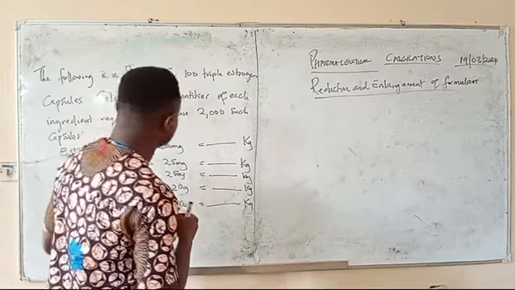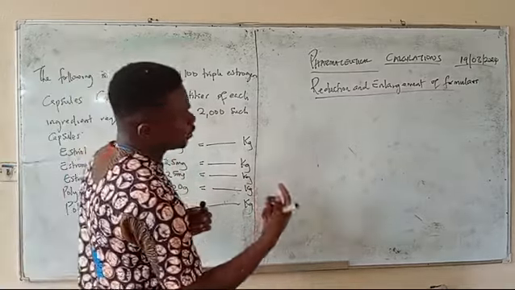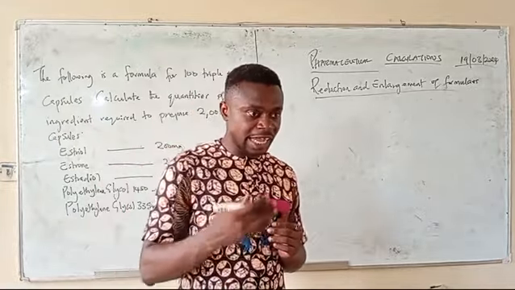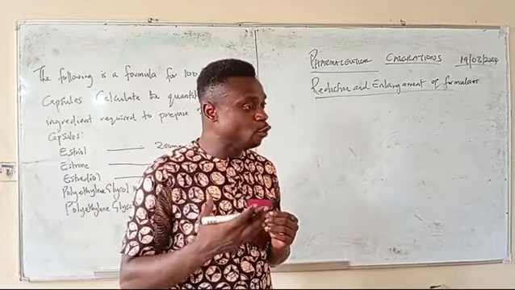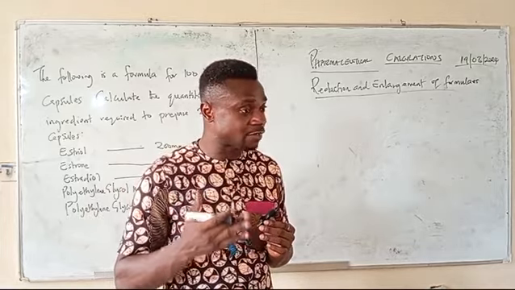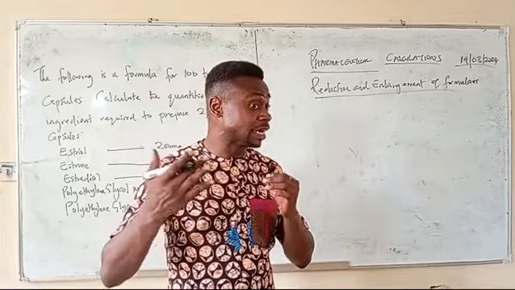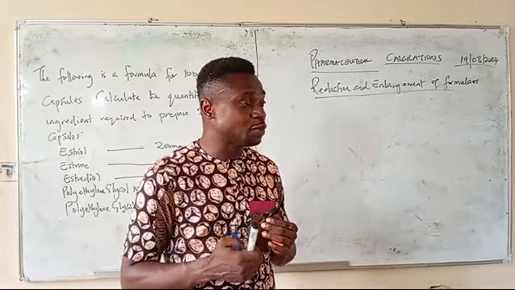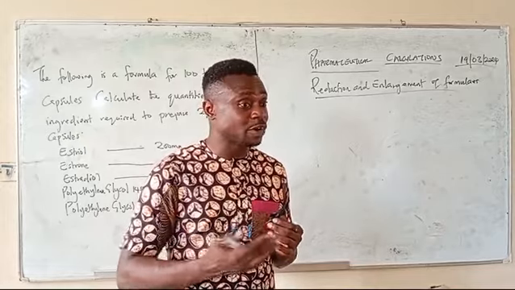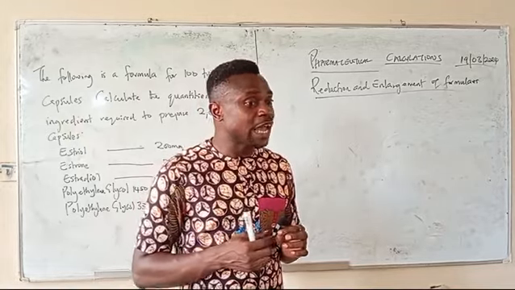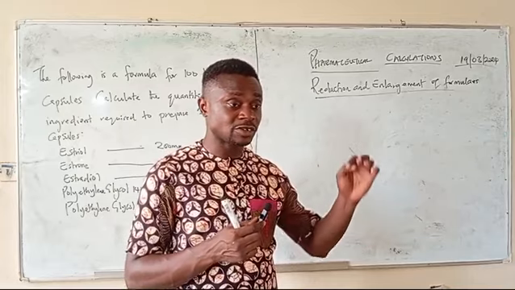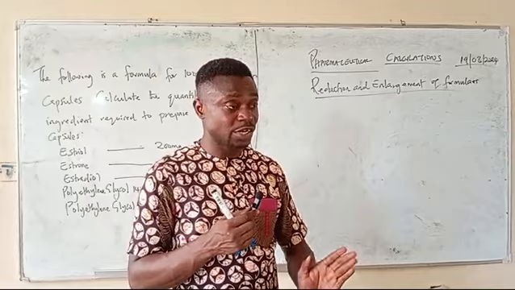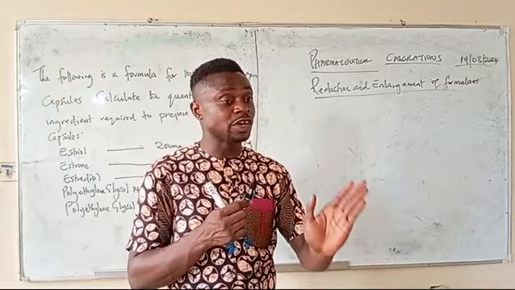That's what this question wants to test. Now let's go over to reduction and enlargement of formula. Remember when we treated this in class, I gave instances of why we reduce a formula and why we enlarge a formula in manufacturing outlets, and even in extemporaneous compounding. We have official books that contain information about a particular product, the formulation, or the amount of each ingredient.